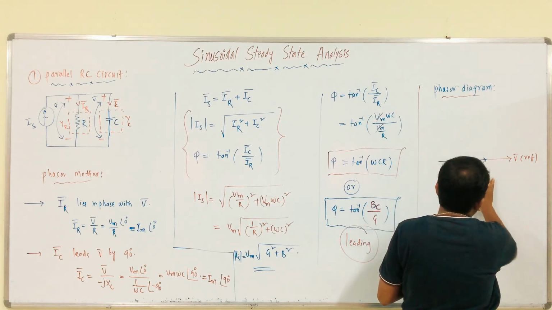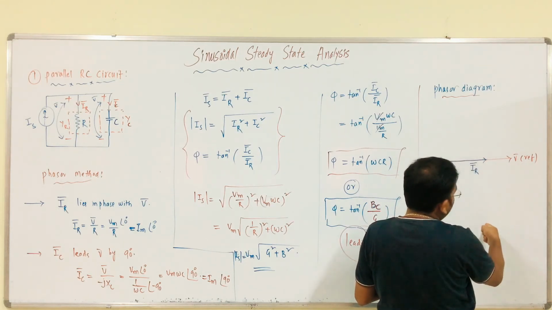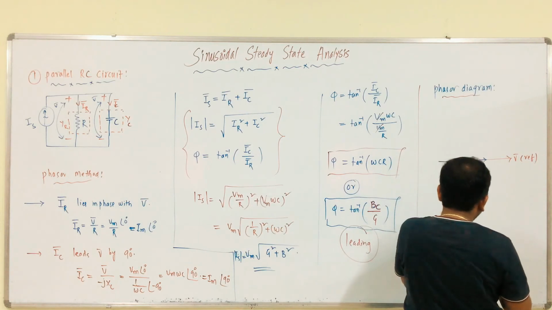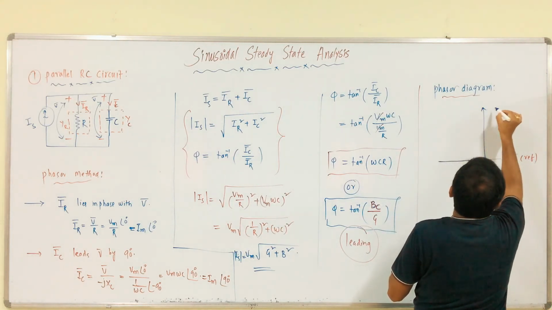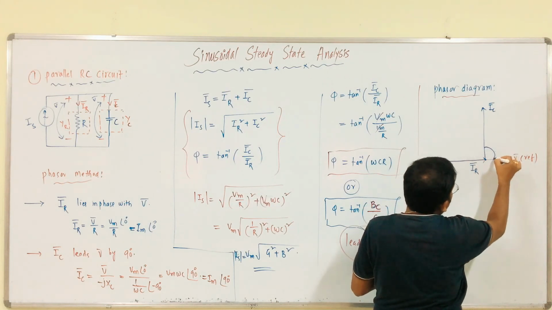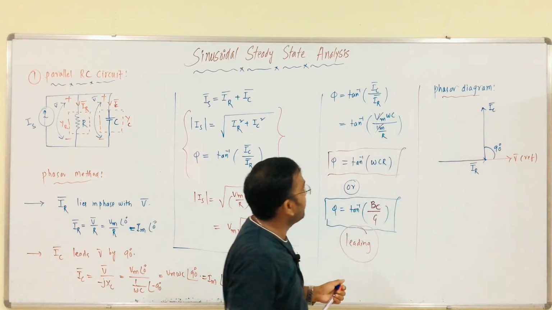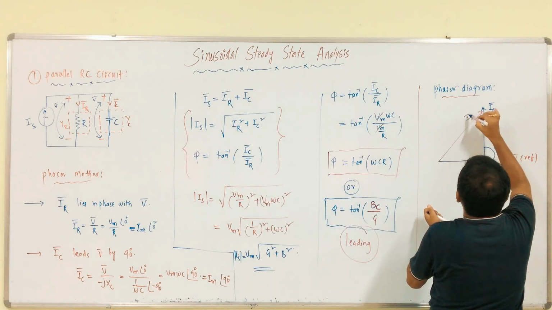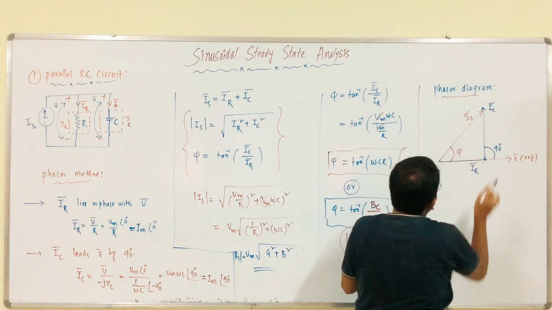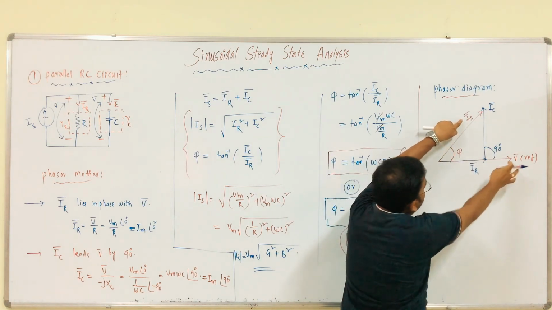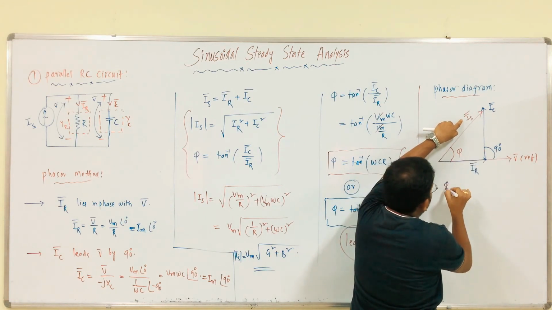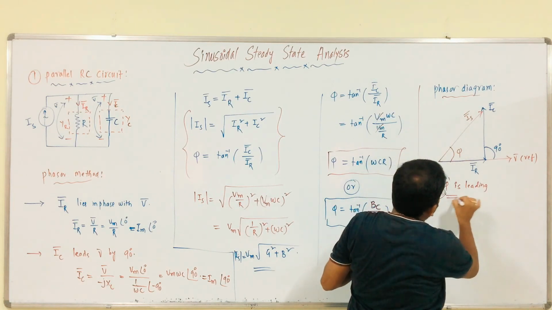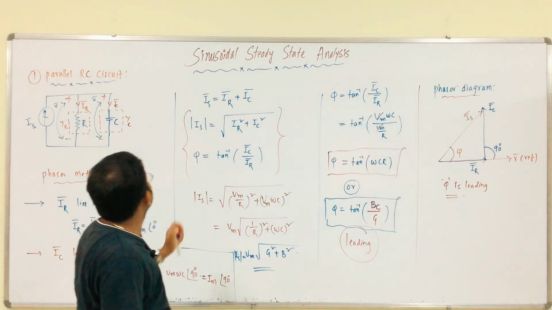Here we are dealing with respect to C, so IC leads. This is IC, clear. This is the reference. IC leads V by 90 degrees. Then what is the resultant? This is nothing but IS. Then the phase angle is phi, the resultant phase angle between IS and V, that is leading, right? Phi is leading. That's it. This is about the phasor representation for this RC circuit.